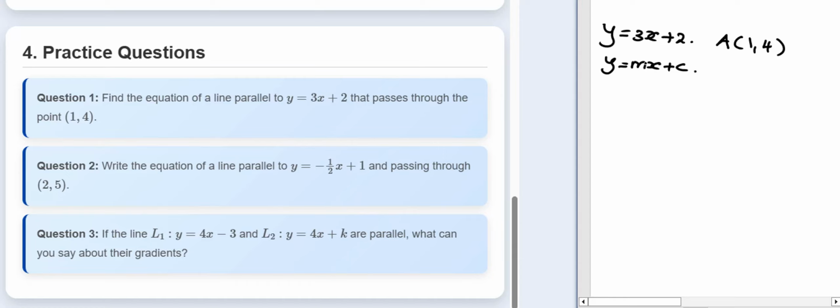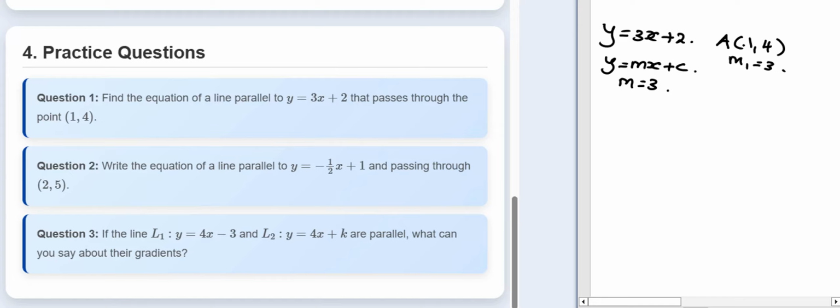I taught the concept there. So the gradient here, m, is equal to 3. Since we said parallel lines have the same gradient, the gradient of our line here is also 3. So the gradient of this line, which I can call m1, is also 3.